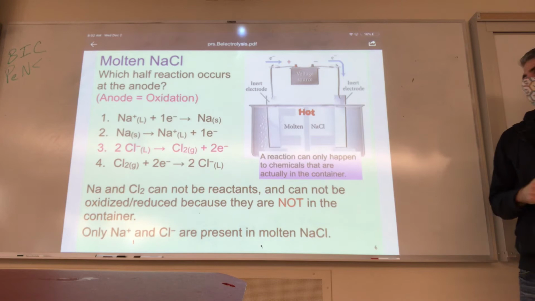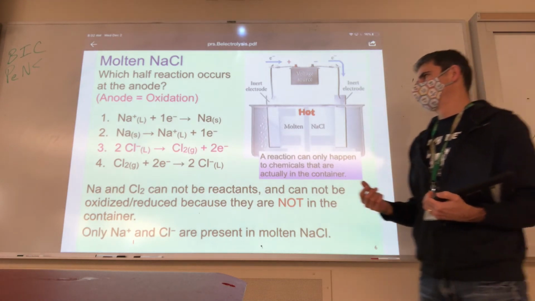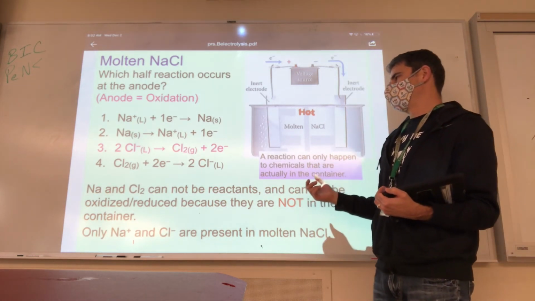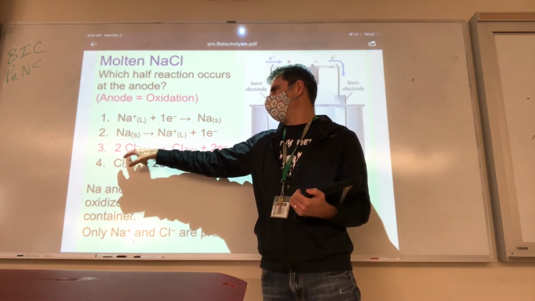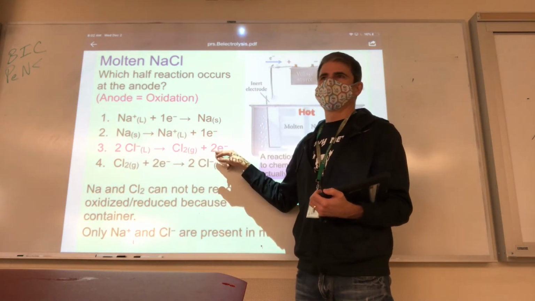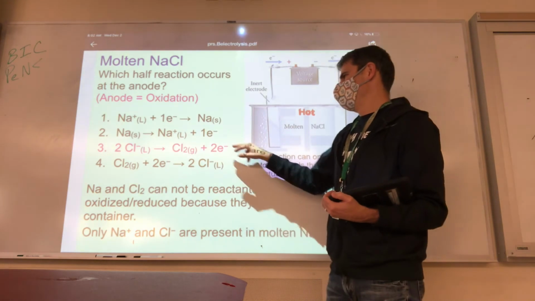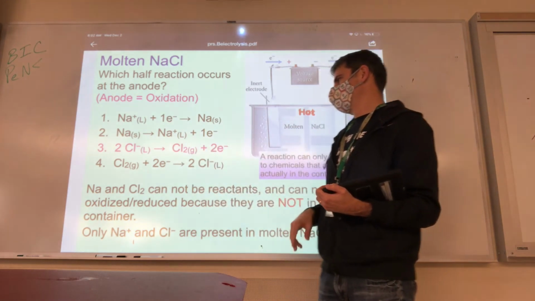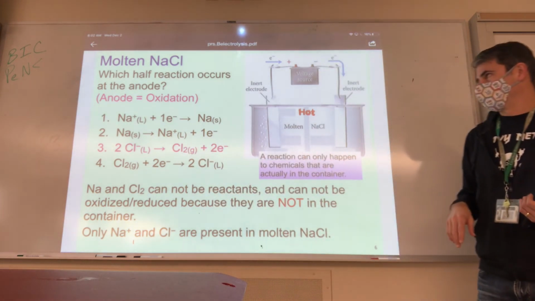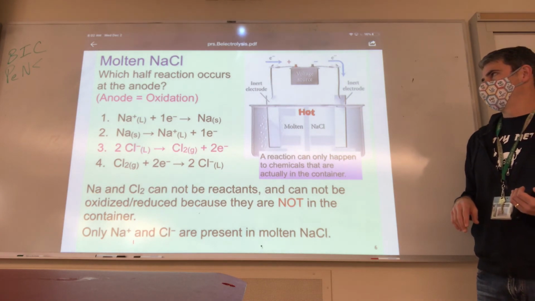So, if we want to know what's happening at the anode, we have chloride ions that are releasing electrons, and so chlorine gas is going to be forming.